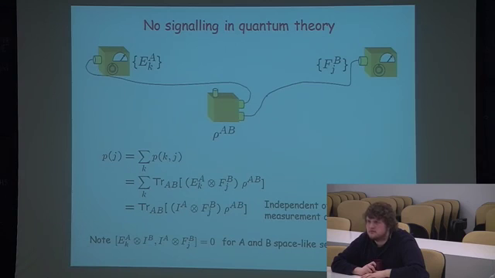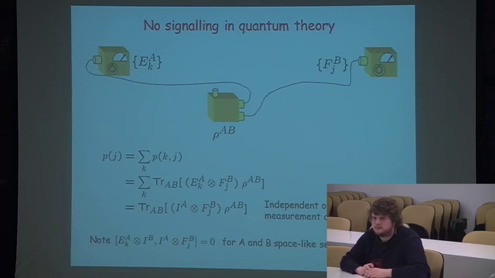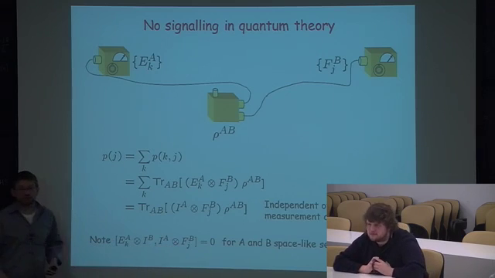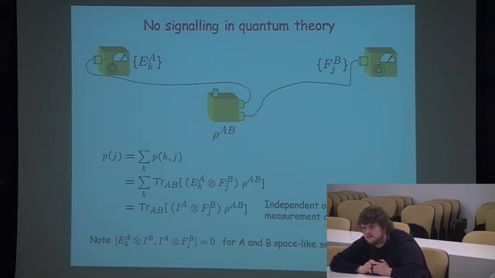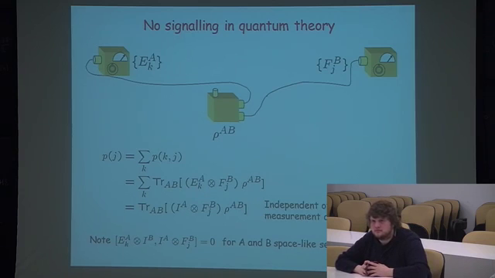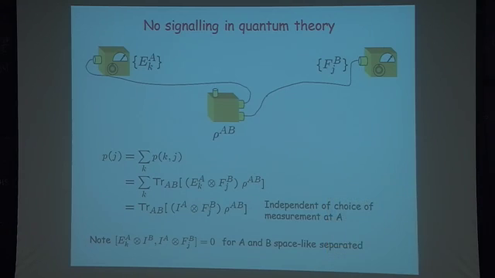I guess what I'm saying is, equivalently, you could say the measurements commute, or you could say the measurements are modeled by this sort of tensor product, one on one tensor factor, one on the other tensor factor. Either way of expressing that assumption, it is the way in quantum theory that you model measurements that are done at space-like separation. And it's what guarantees that there's no superluminal signaling in the theory.